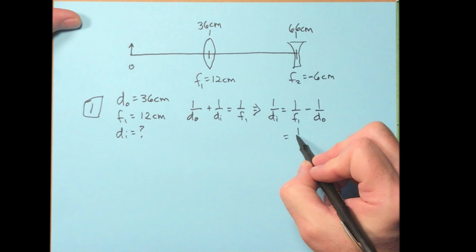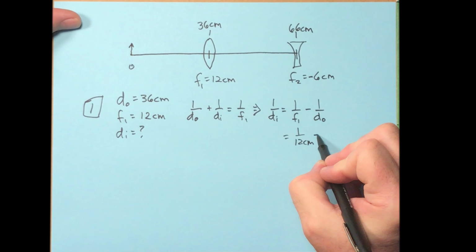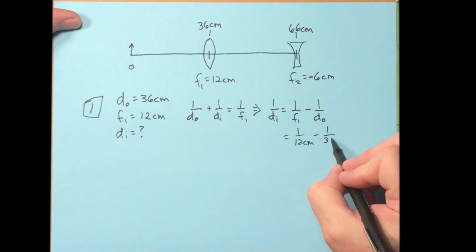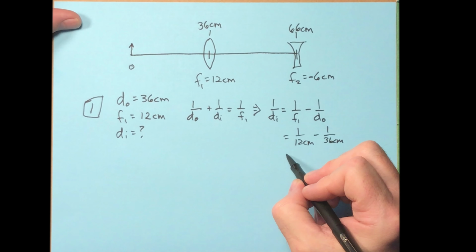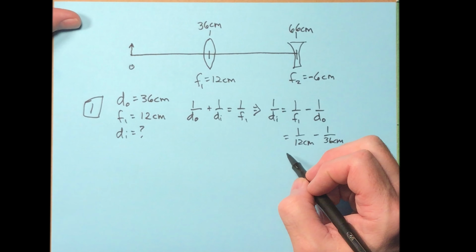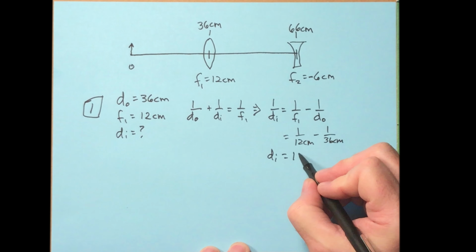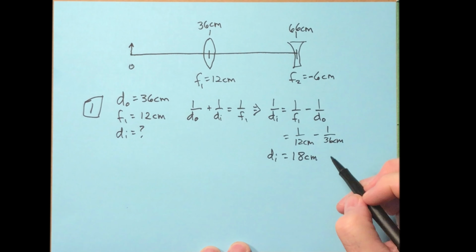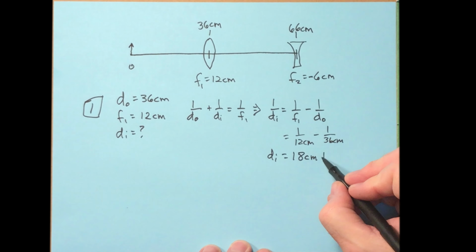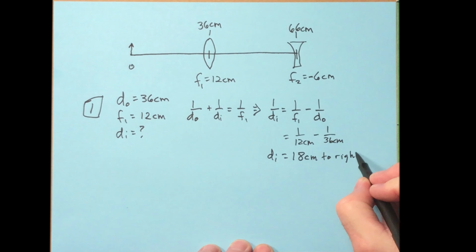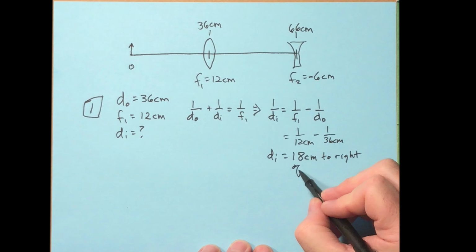And that's 1 over 12 centimeters minus 1 over 36 centimeters. You can work this out. Let me see what you get for an answer. For final answer, you end up with DI equal 18 centimeters. And it is to the right of lens 1.